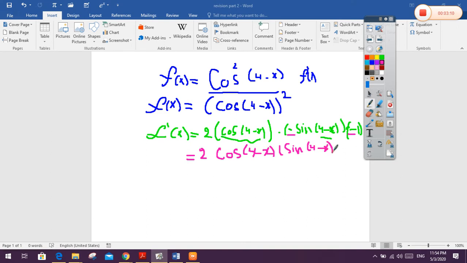Then find the derivative at 1. The derivative at x equal 1 is just to replace: 2 multiplied by cosine of (4 minus 1), which is 3, multiplied by sine at the angle 4 minus x, replace x by 1, it will be sine 3. That is the result of this question.